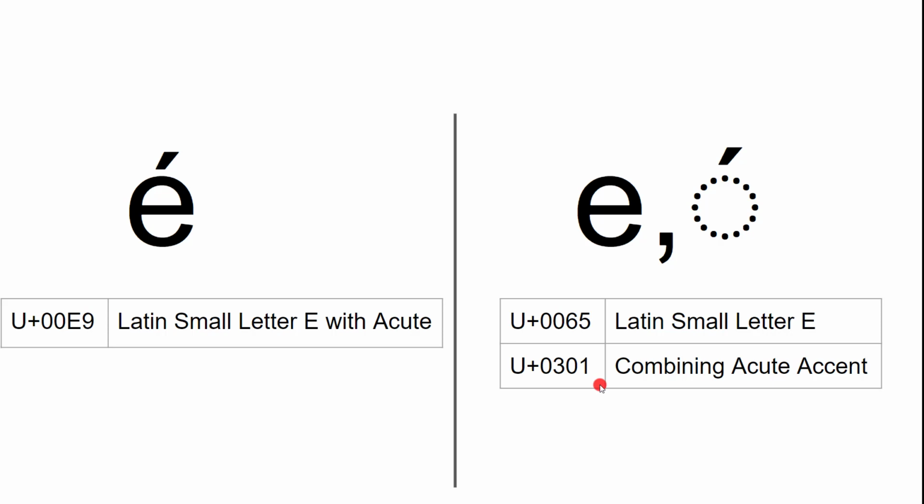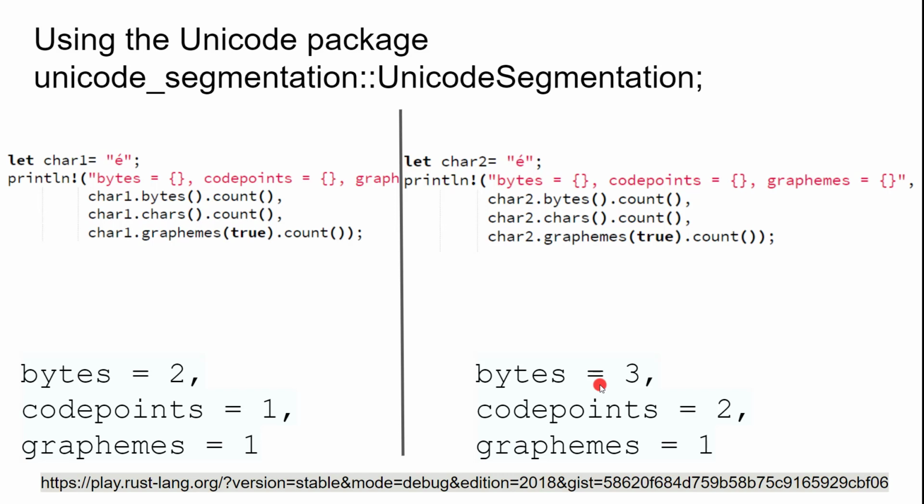The first question can be answered with Rust's Unicode package. One tool that Rust has to help us with Unicode, in addition to the primitive character data type and the string data type, is the Unicode package. If we include this, now, when we look at the strings and when we look at the count values and compare the left and right, we can see first a summary of information from the previous slides for the count of the UTF-8 bytes and code points.